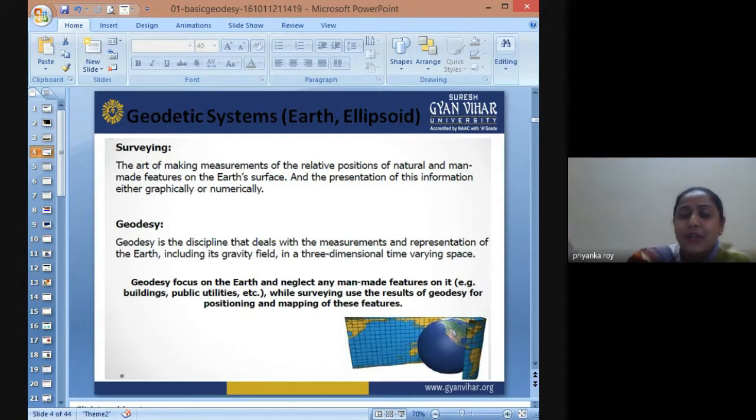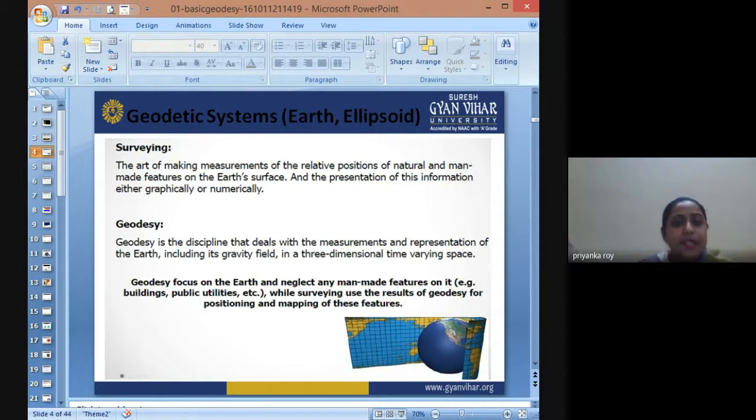Now, in the geodetic system or the Earth ellipsoid, surveying is the art of making measurements of the relative position of natural and man-made features on the Earth's surface. The presentation of this information is either graphical or numerical in nature.